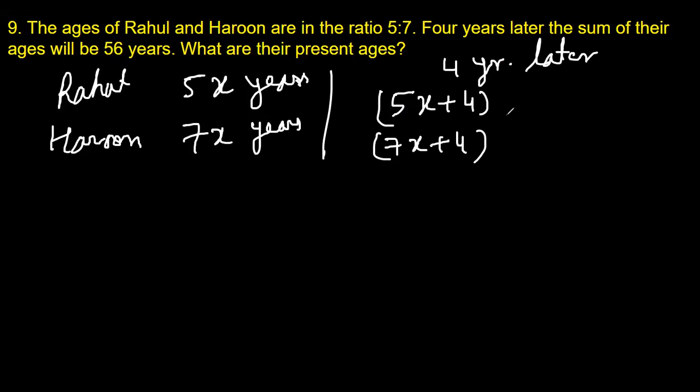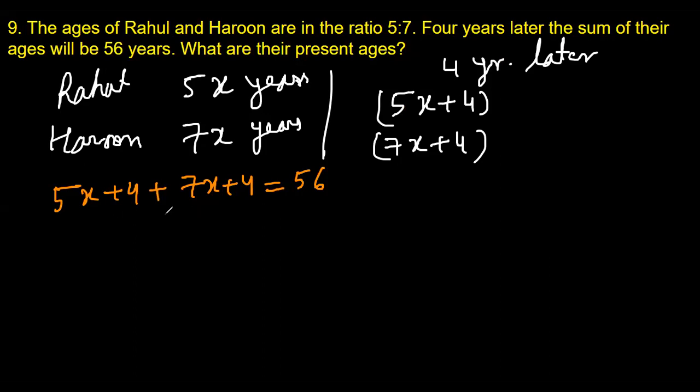Okay, and then it says 4 years later, the sum of their ages will be 56. So I think we get this equation. The sum of their ages, which is 5x plus 4 plus 7x plus 4, is going to be 56.